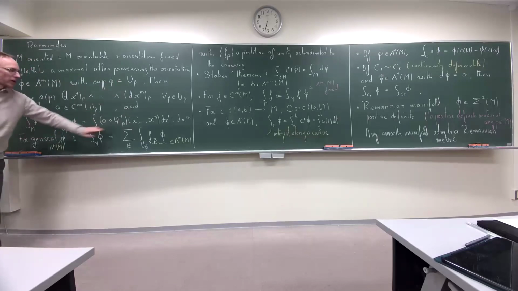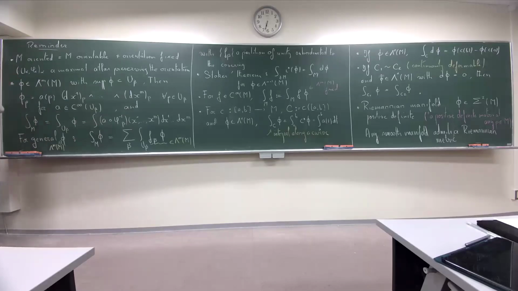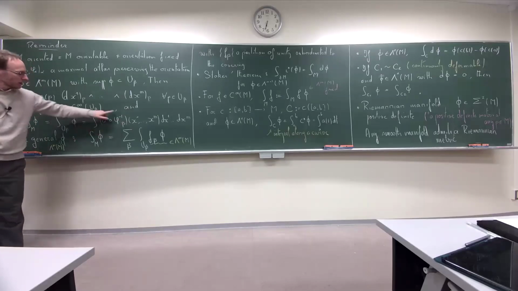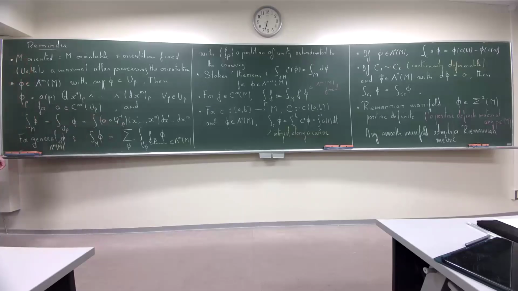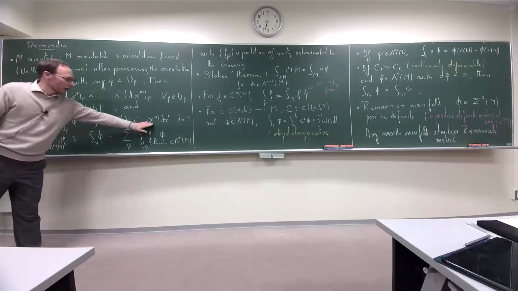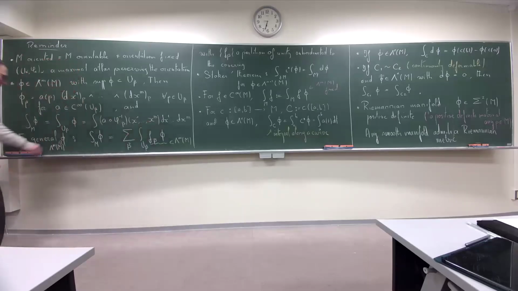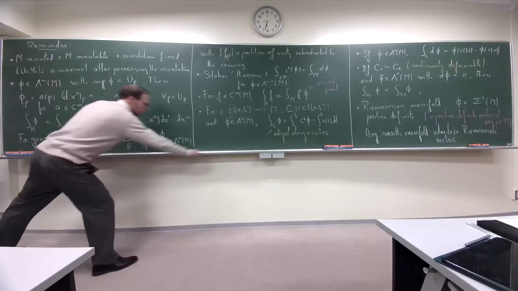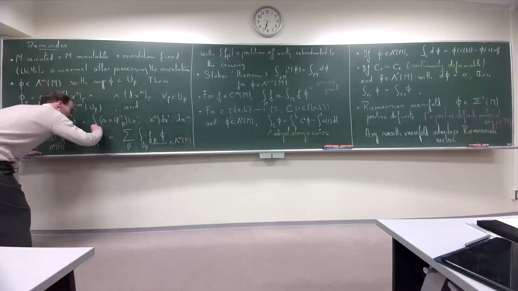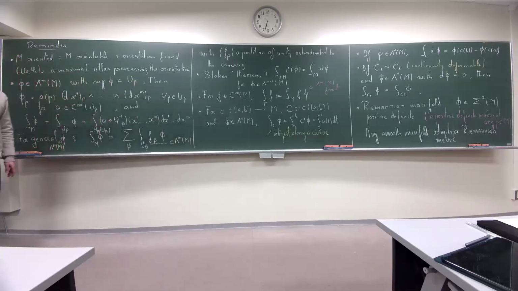This is something from calculus 2, because this function is now defined on R^m. You have m variables, and you do the integral. I forgot to mention the integral is on phi, the image of U beta. So this is just an integral on part of R^m. So we have a definition for the integral of an m-form on the manifold.